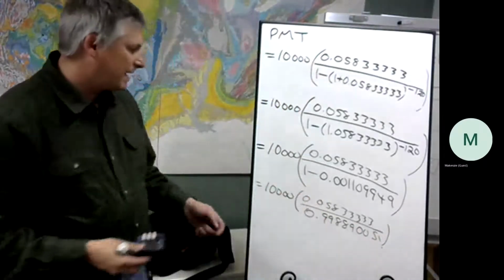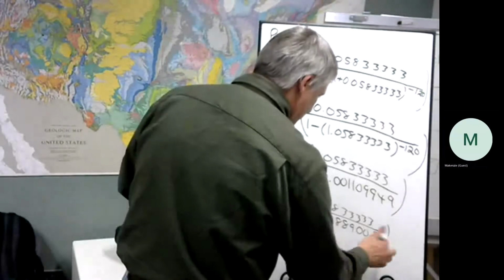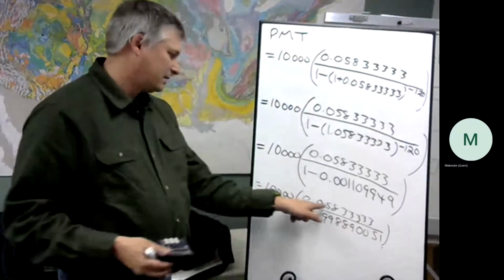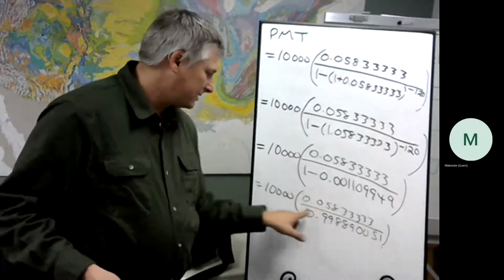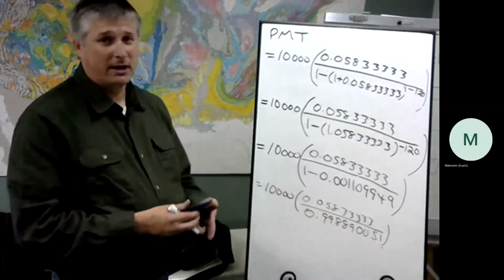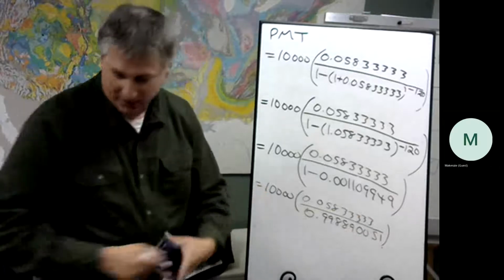And now, once we've gotten the top and the bottom into just numbers, there's a number here and a number here, now we can divide at the very end here.